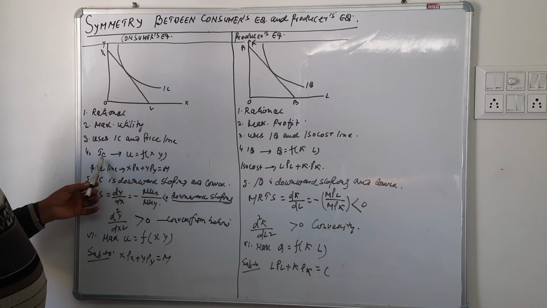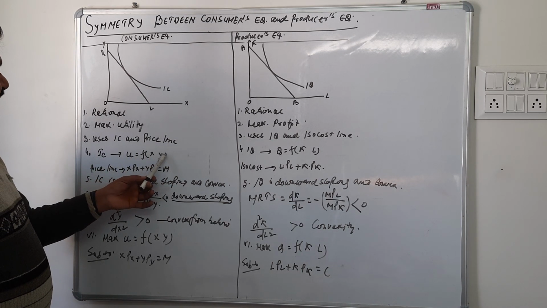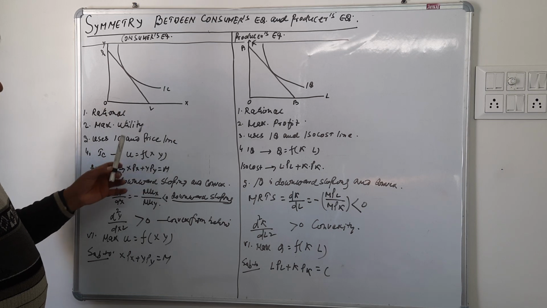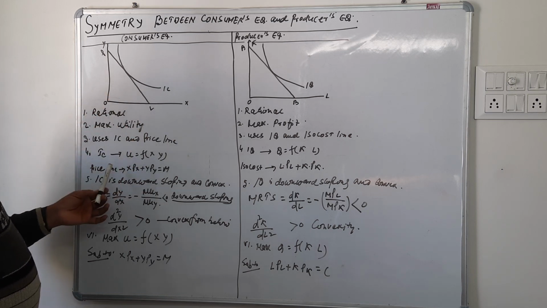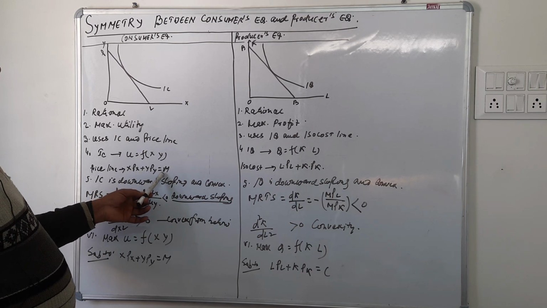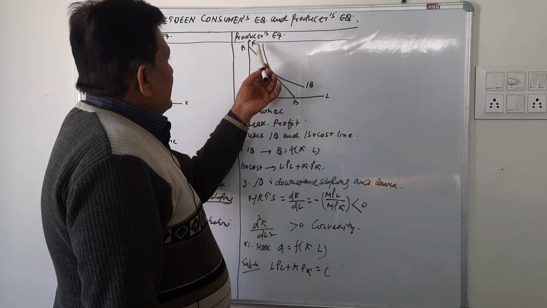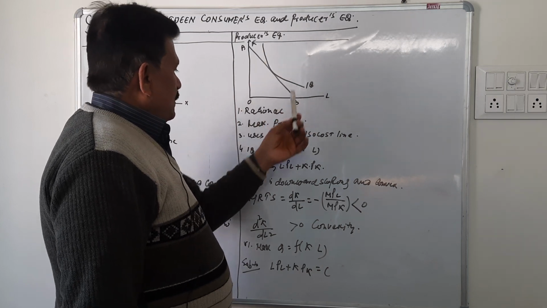This IC is mathematically expressed as U as a function of X and Y, and this price line, PL, has the equation X·PX plus Y·PY equals M. On this side is the production function, IQ.